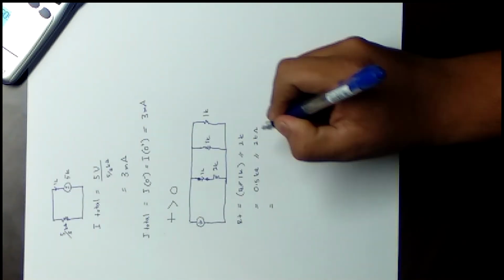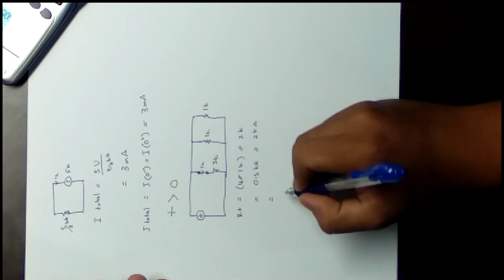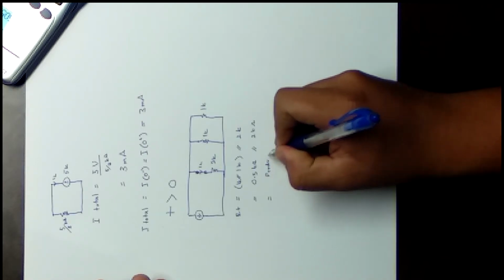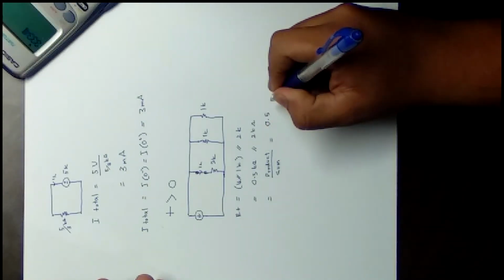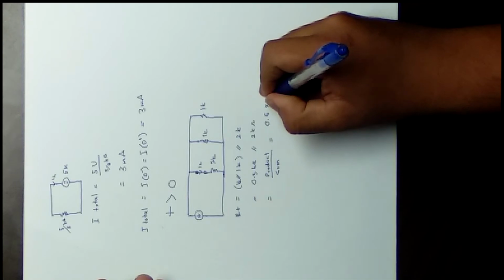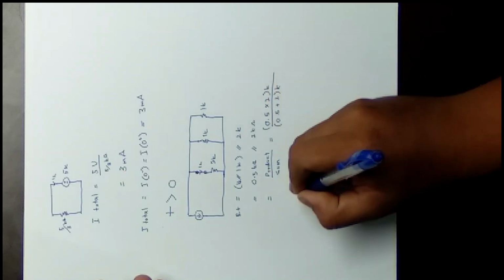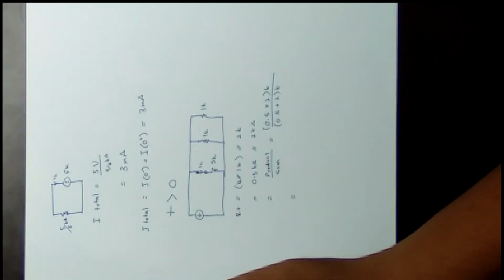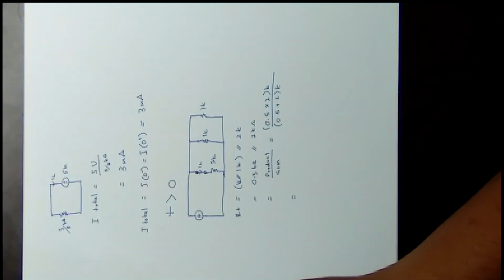After this we can use product over sum: 0.5 times 2 kilo over 0.5 plus 2 kilo is equal to 0.5 times 2 divided by 2.